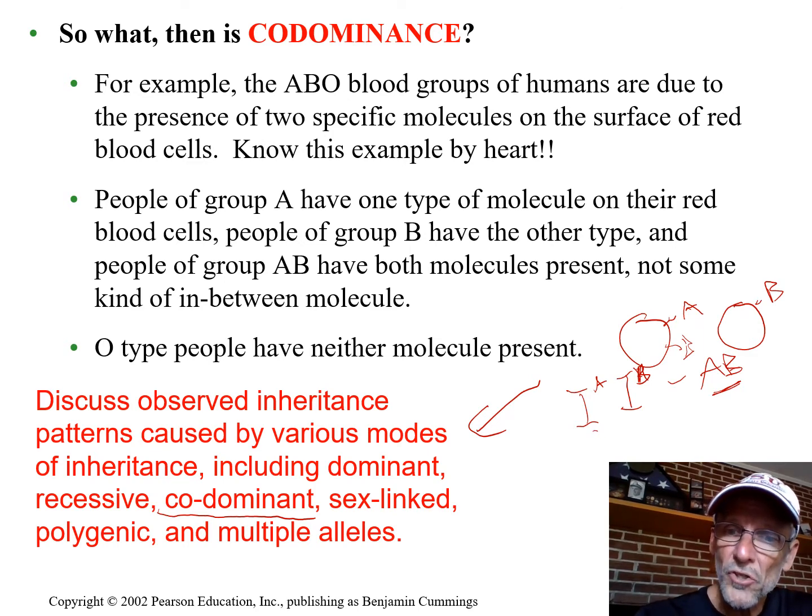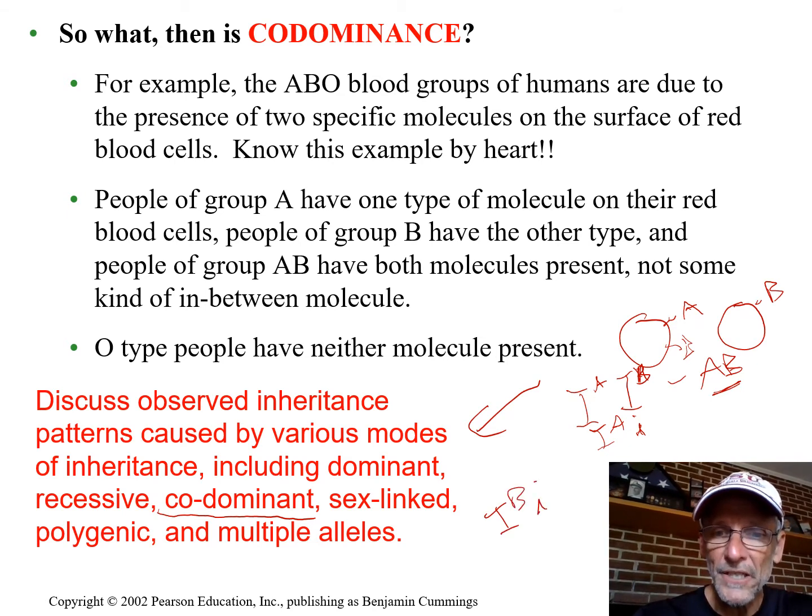But it turns out there's another gene here, and it's called the O gene. It's symbolized by a little i, which suggests correctly that it's recessive to the A gene. It's also recessive to the B gene. So if you got these 2 genes, you would be heterozygous. You would have 2 different genes, but you would have type A blood.